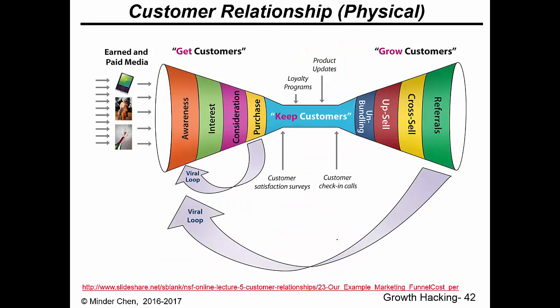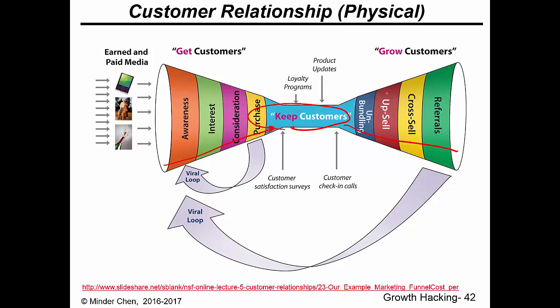The next two-sided funnel came from Steve Blank. It is basically the same marketing funnel: awareness, interest, consideration, purchase, and then keeping the customer. You can grow the customers by unbundling your product and services so that it's easier for them to buy part of your existing integrated product and service.